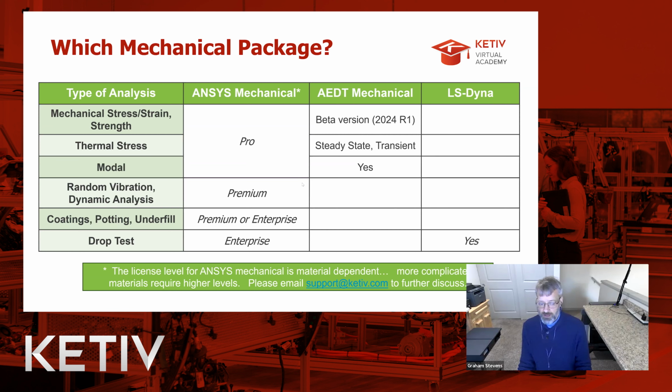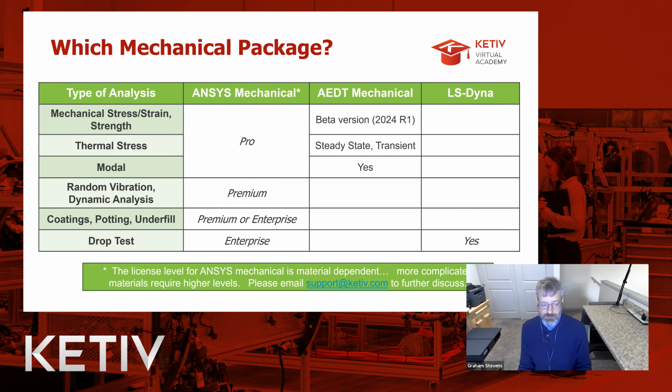So this is just a brief chart around the different kinds of mechanical models you might need, and the different license levels that you might need in Ansys Mechanical. In general, AEDT Mechanical is looking at steady state, transient, relatively simple models. If you need something more complex, you'll need to jump to Ansys Mechanical and go back and forth.